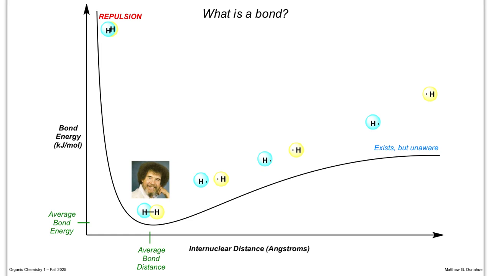We know a bond is an attraction between two atoms, right? This is a curve you'll see a lot, and if you go on to more chemistry courses, if you have two atoms that exist but are unaware of each other. If you look at the x-axis, that's the distance between these two things.